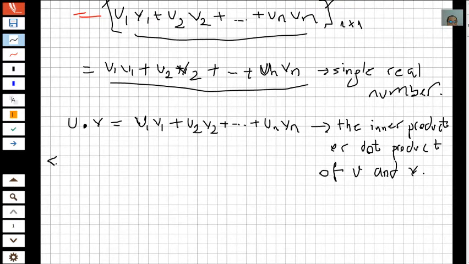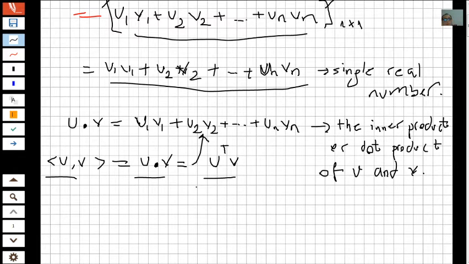Another notation is written here, the inner product of u and v, or u dot v. So this is equal to this single real number. Actually, this is the matrix multiplication of the transpose of u and v. We have three representations for the inner product or dot product of two vectors.